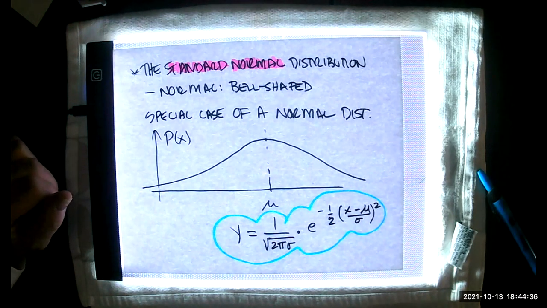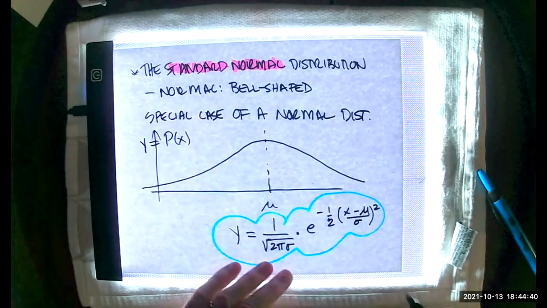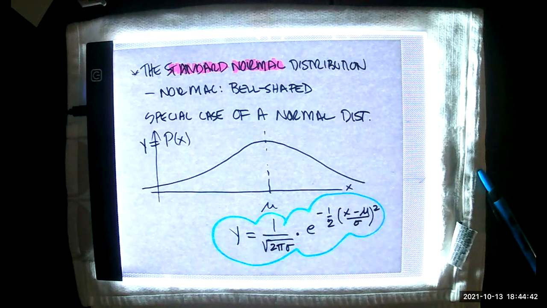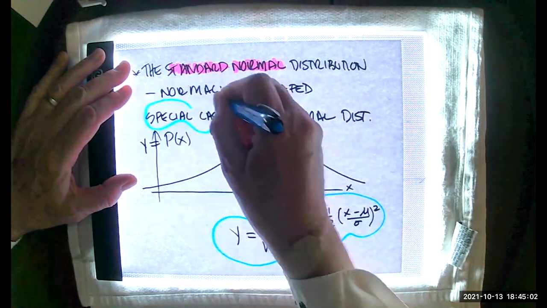And if it's not clear, y is the vertical axis and x is the horizontal axis, where you might find something like height or weight or IQ and the like. So that is a normal distribution, and we look at a very special case when we look at the standard normal distribution.